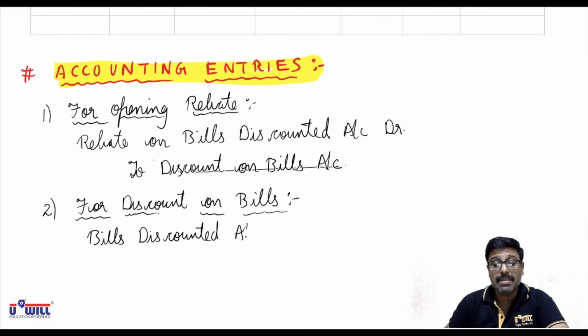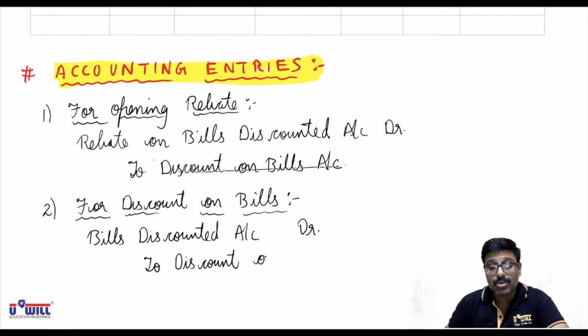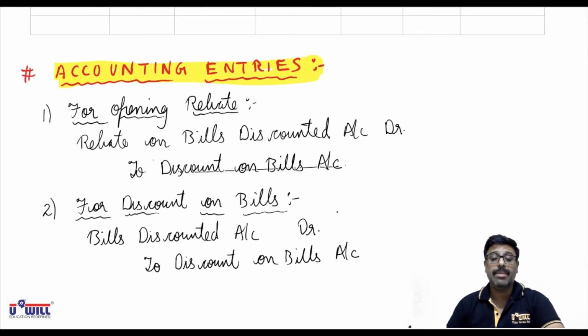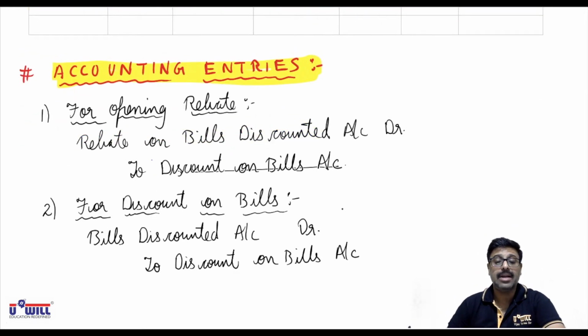Bills come in, debit what comes in. And to trader account we don't have to reflect here because we are talking only about discount on bills. So discount is our income, credit all incomes and gains to discount on bills account. So the bank passes: bills discounted account debit to discount on bills account.